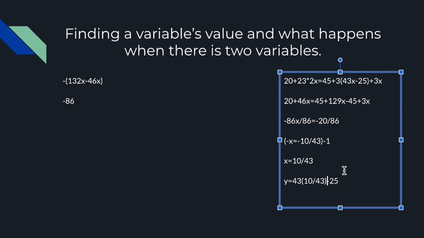So now we have 43 times 10/43. So that's y equals 430 over 43 minus 25. So y equals a good 10 minus 25.